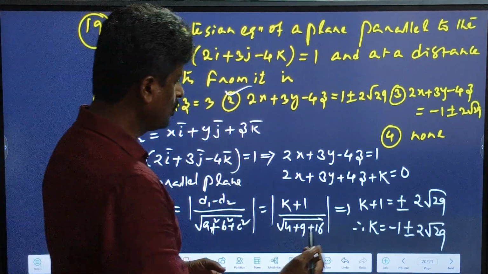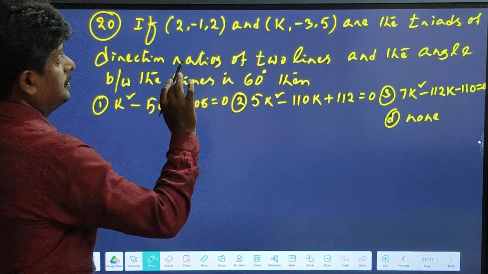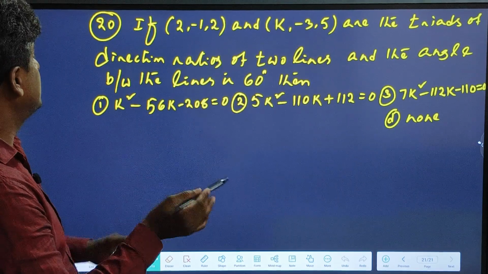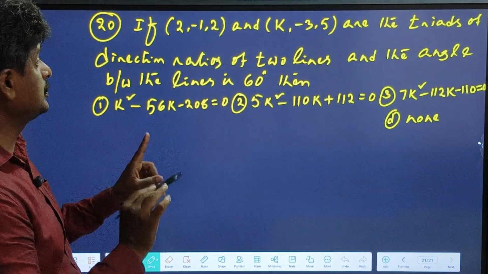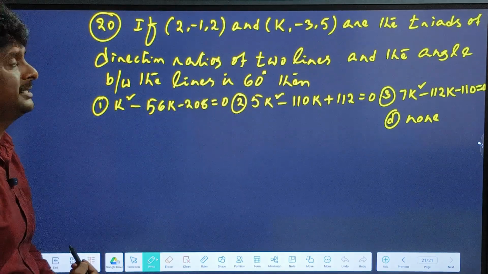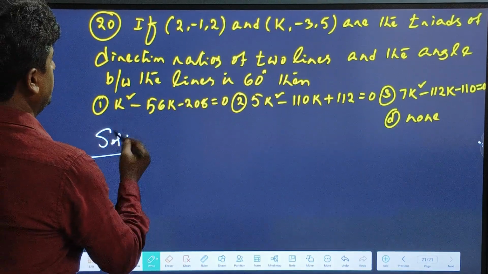Okay. Question number 20. If 2, minus 1, 2 and k, minus 3, 5 are direction ratios of two lines and the angle between the lines is 60 degrees, then find a relation in terms of k.